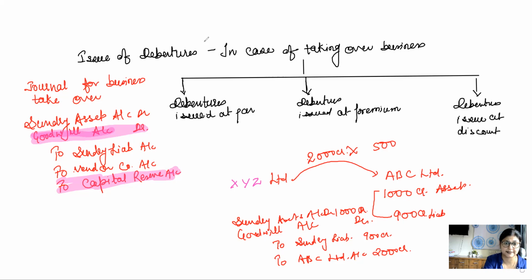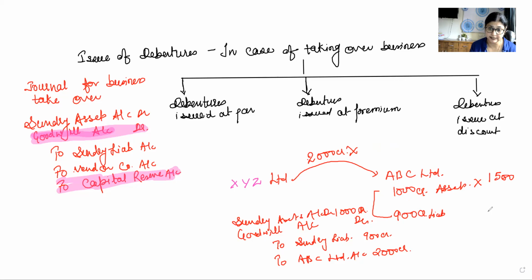I'll change two figures, then I will be able to explain you in a better way. Instead of 1000, let us make the assets 1500, let us make the liabilities 500, and let us make the purchase consideration 500. Now let me pass the entry.